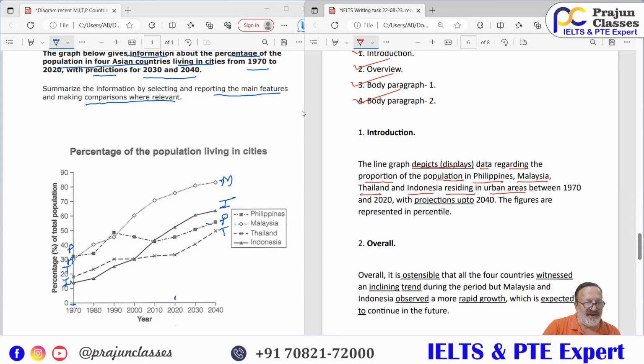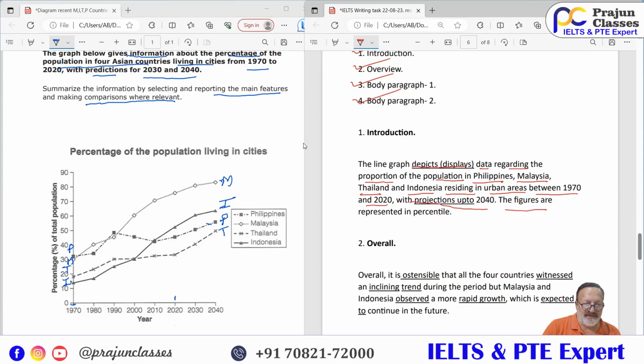They have written from 1970 to 2020. So we just changed it to between 1970 and 2020. There it is from and to, and here it is between and and. With projections: they said with predictions, I have written with projections up to 2040.